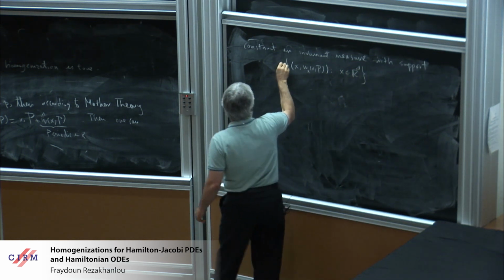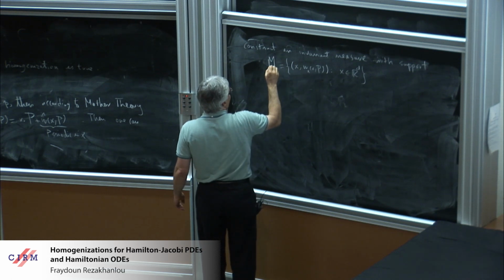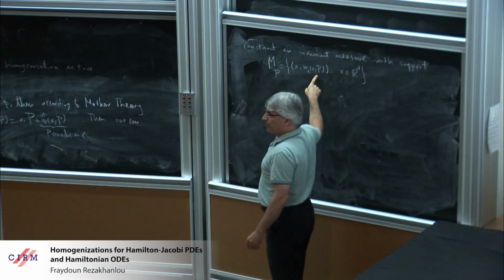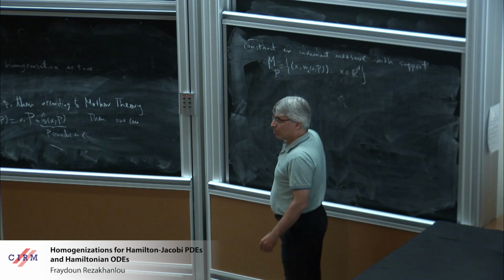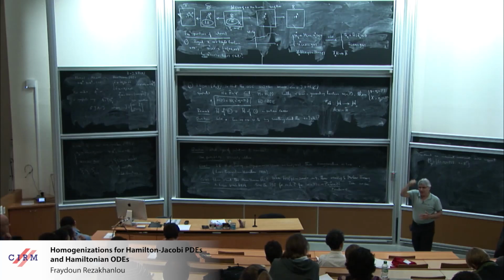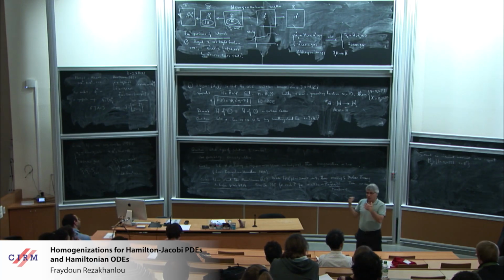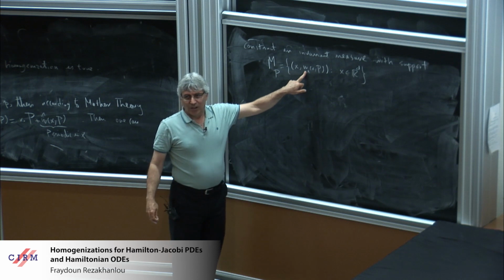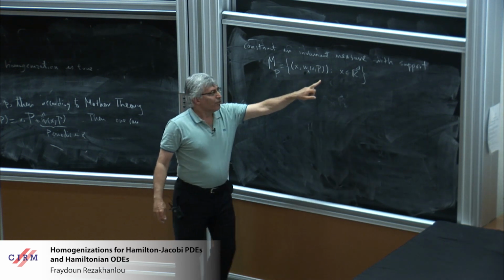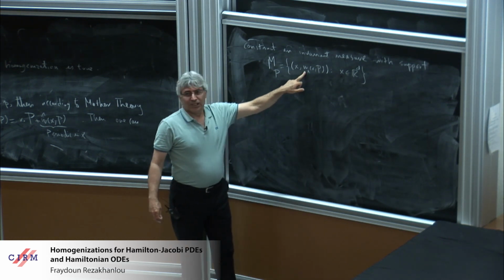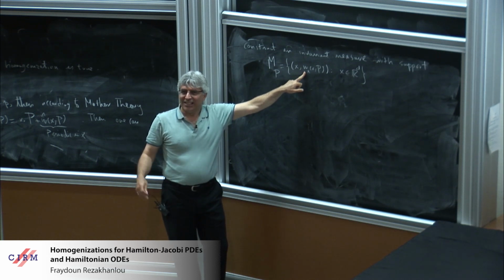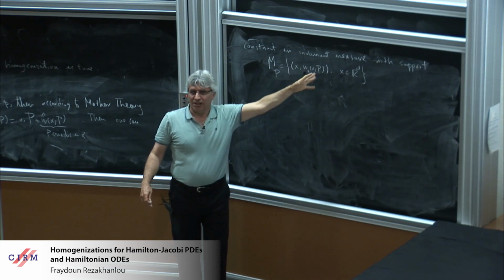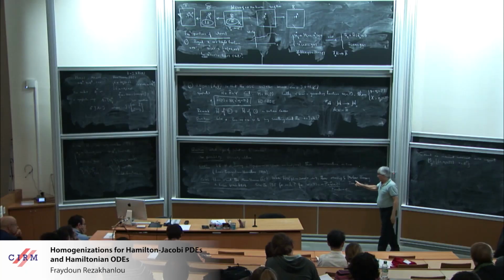So for each P, look at this set, for example. For each uppercase P, take the solution. So now you have a family of invariant measures that you build for the corresponding ODE. And a lot can be said about this. Again, this is not well defined everywhere, so you have to restrict to those x for which this derivative exists classically and the support lies there. So there are various things you can say here.